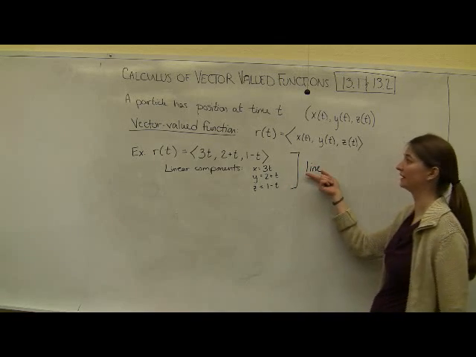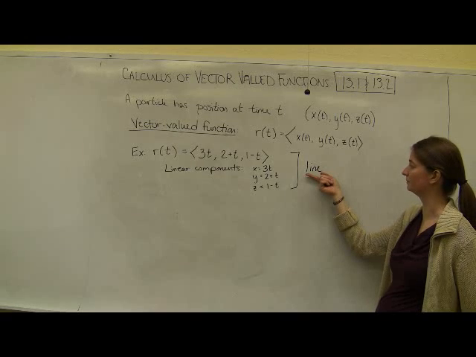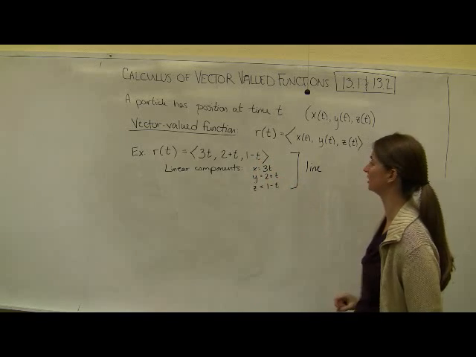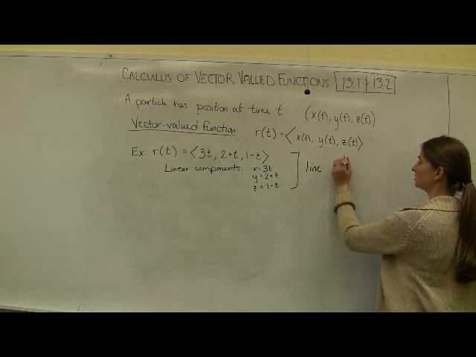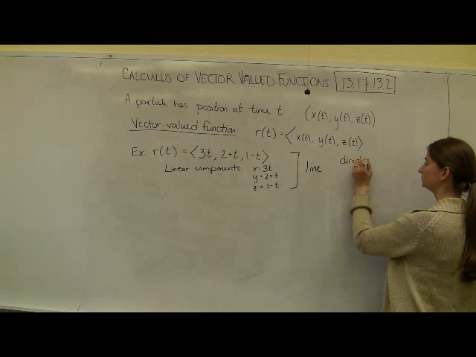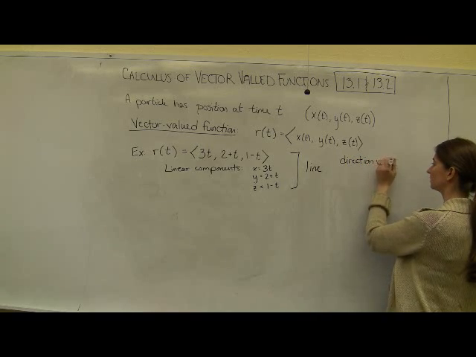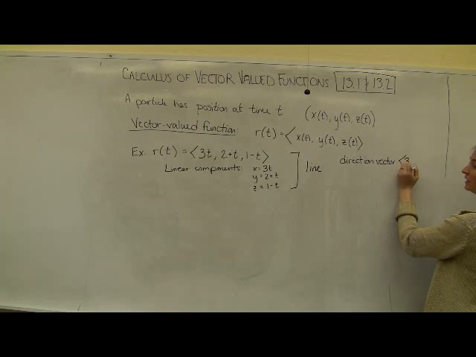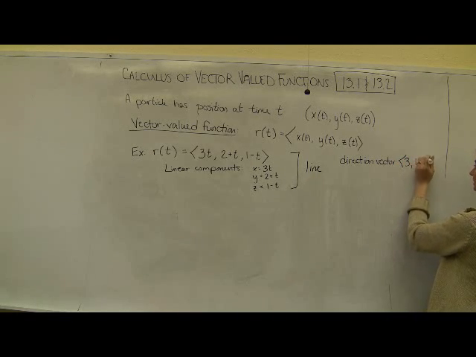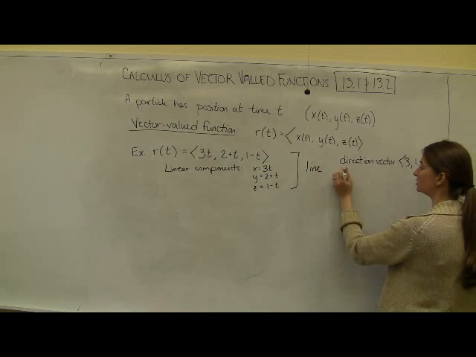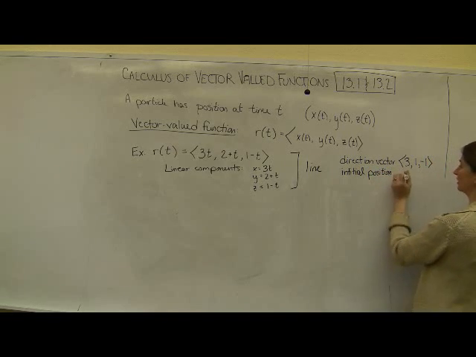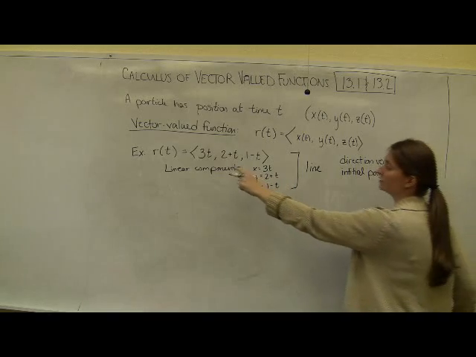So this is a line like we saw in a previous lesson, where our direction vector is the coefficients on our t values. So in this case, our direction vector is given by the coefficients on the t's, which is 3, 1, negative 1, and our initial position, we could call it our initial position vector, is going to be where t equals 0.